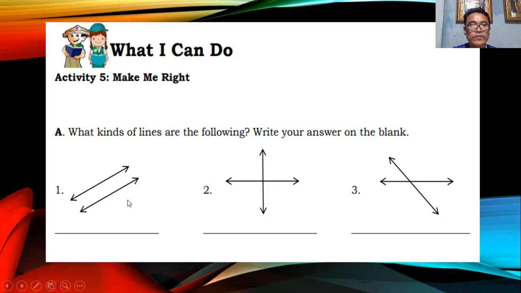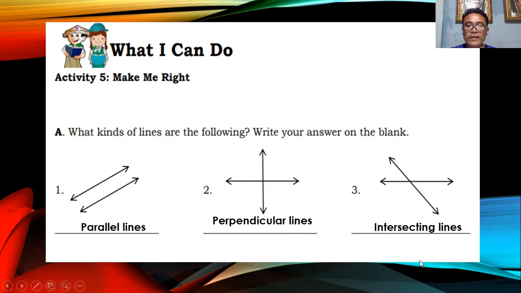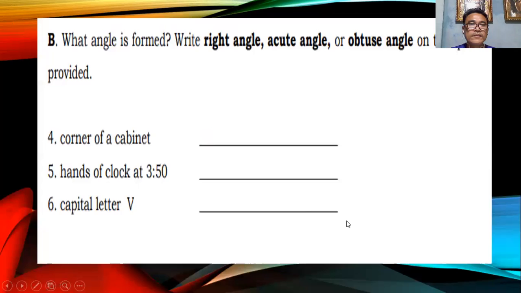Okay, let's check your answers. Number 1, what do you call these lines? Okay, parallel lines. Number 2, perpendicular lines. Number 3, intersecting lines. Letter B, what angle is formed?